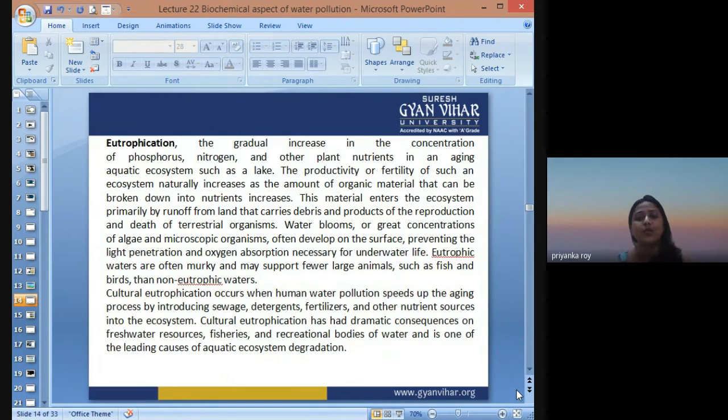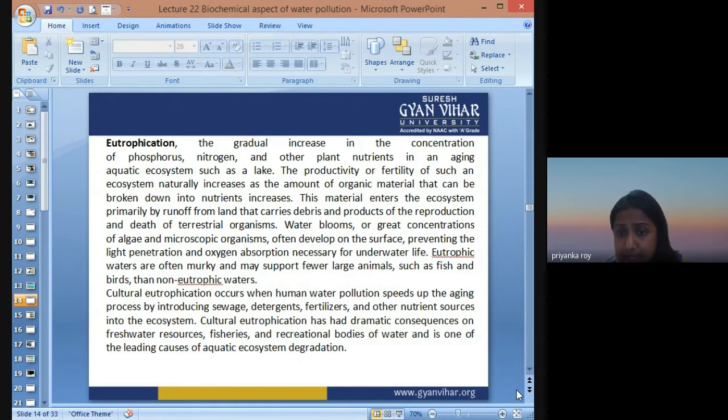Eutrophication is the gradual increase in the concentration of phosphorus, nitrogen, and other plant nutrients in an aging aquatic system, such as a lake. The productivity or fertility of such an ecosystem naturally increases as the amount of organic material that can be broken down into nutrients increases.